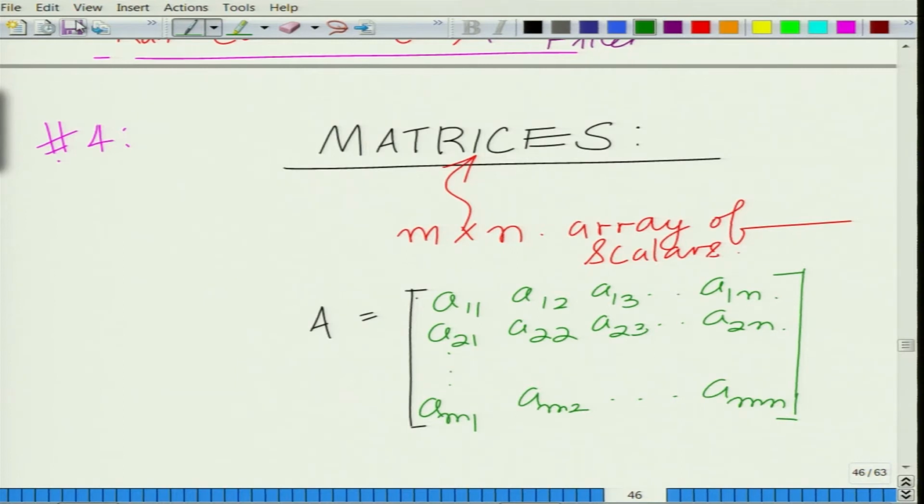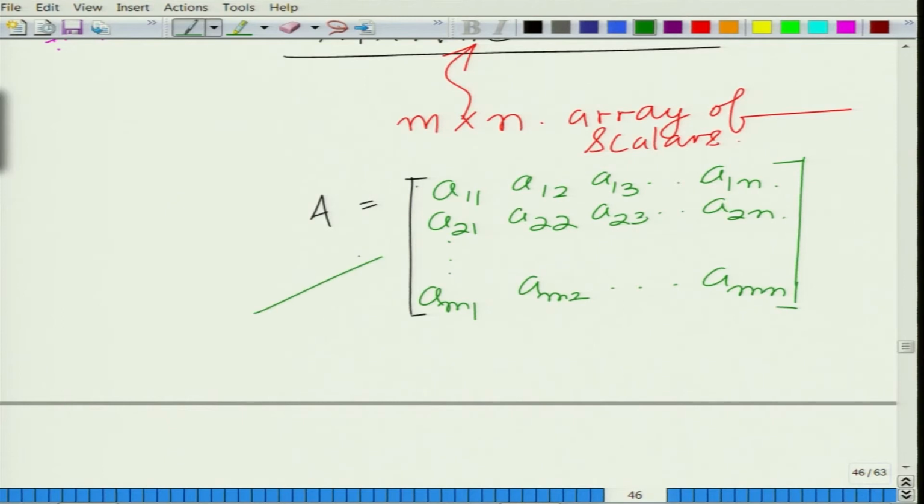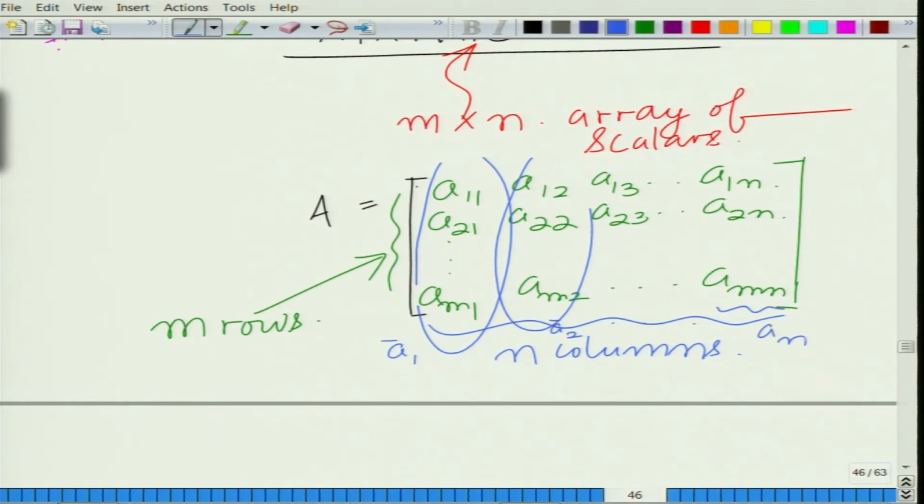and therefore this is an M cross N matrix in the sense that it has M rows and n columns, right. You can essentially look at each column also as a vector, which is going to be very helpful. So we can call these A1 bar, A2 bar, and then AN bar.